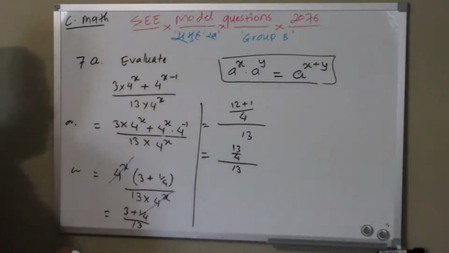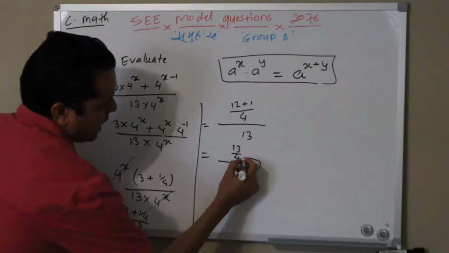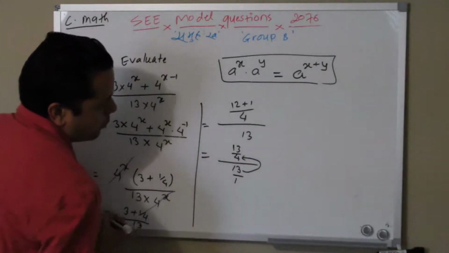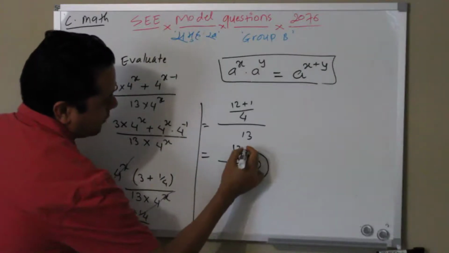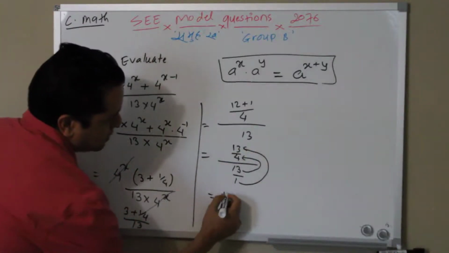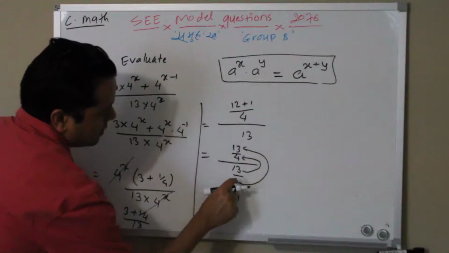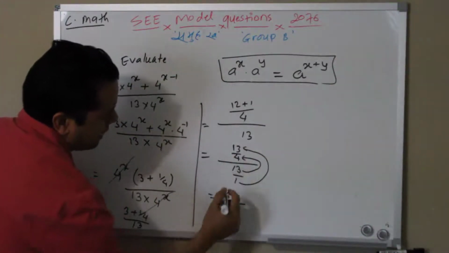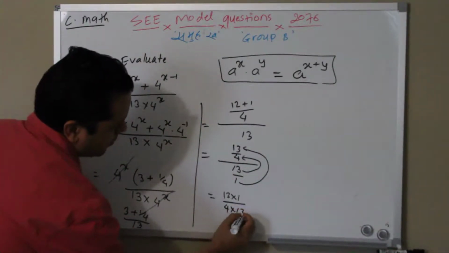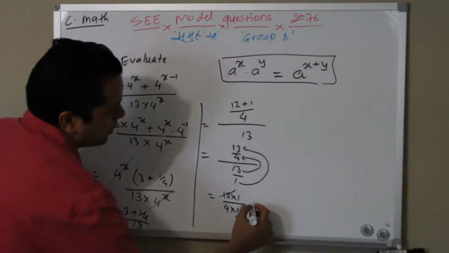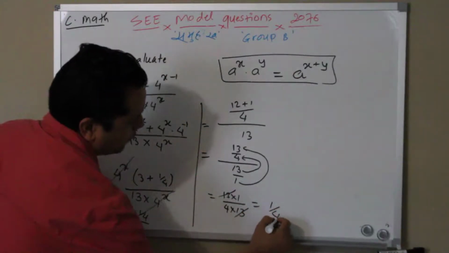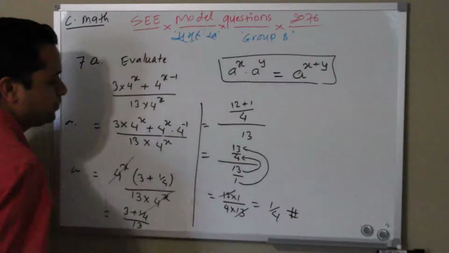Now this is a 3-step fraction, this goes down here, we have to consider 1 in the bottom, and this goes down here, and then this is 13 times 1 over 4 times 13. This and this cancel out, your answer is 1 over 4.